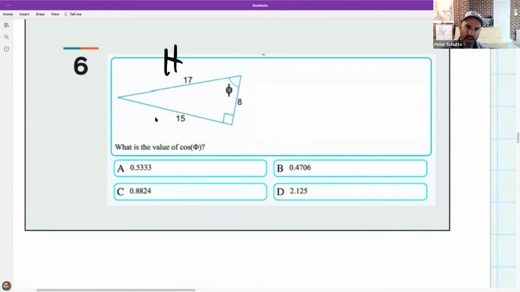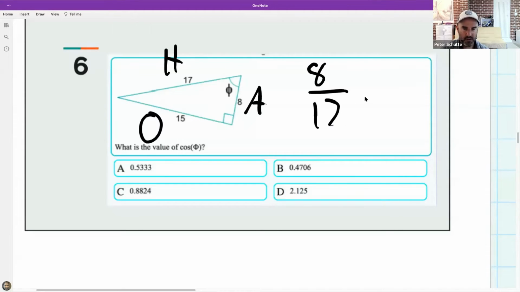So, SOH CAH TOA, we know that cos is A over H.